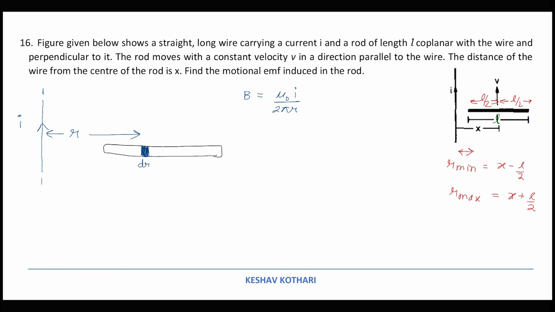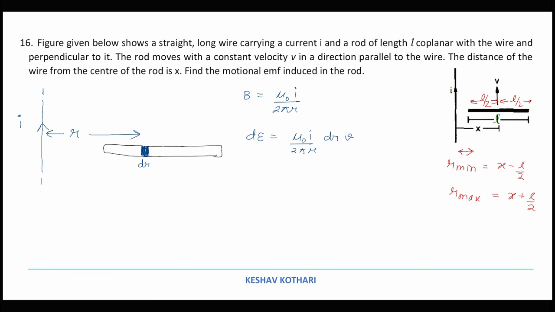So this is the value of magnetic field which we have, and the value of motional EMF dE can be written as BLV. So B is equal to mu naught I upon 2 pi r. Length is dr and the velocity is v.